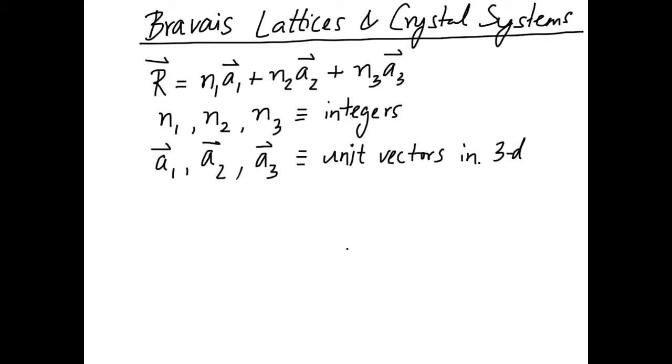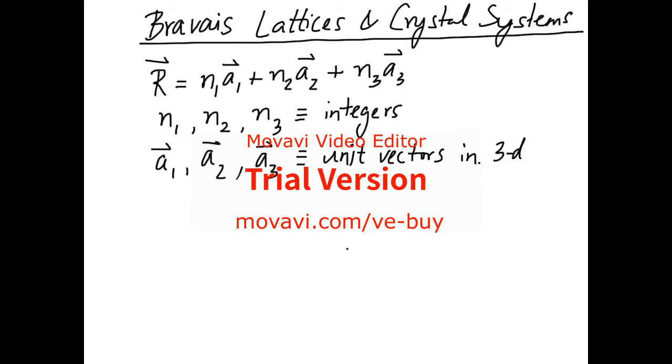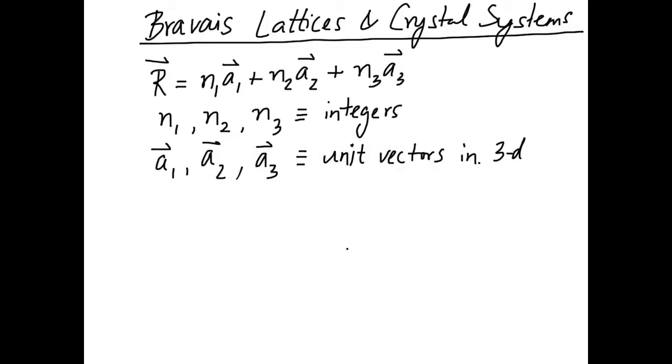So R is what is called a translation vector, which connects any lattice point to any other lattice point via the three-dimensional unit vectors A1, A2 and A3, and of course N1, N2, N3 are integers.